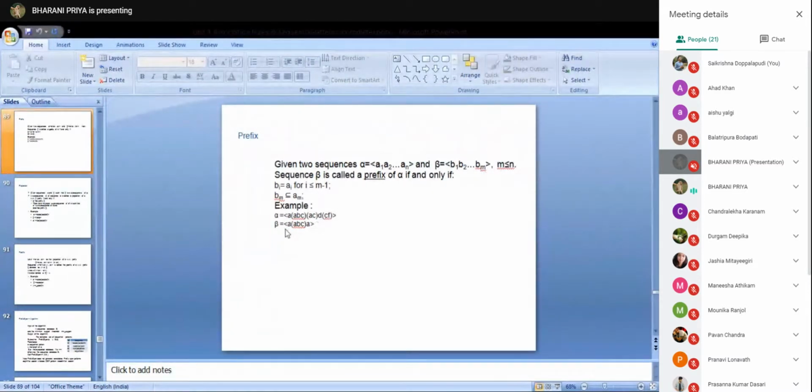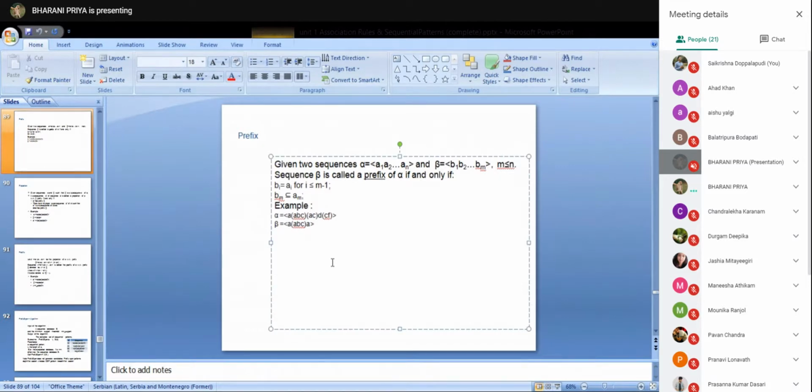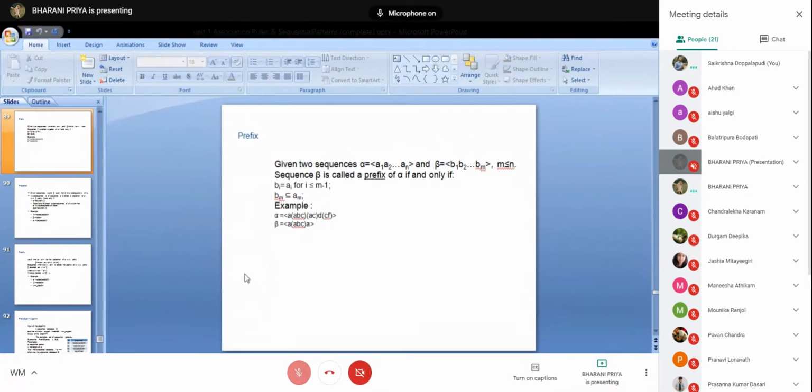If you take the beta sequence, ABCA is a prefix here, isn't it? Of other sequences. Or see, the items contained in beta are a subset of alpha. Then beta is called the prefix of alpha. Is this definition of prefix clear?